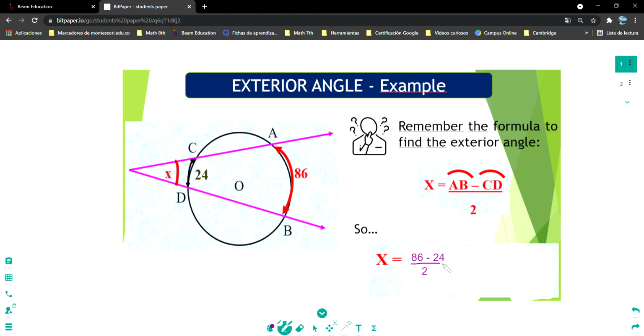So if we subtract 86 minus 24 and divide by 2, that will be 31 degrees, okay? So this angle X will be 31 degrees. We can say that this little angle is 31 degrees.